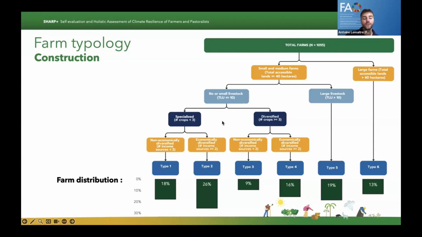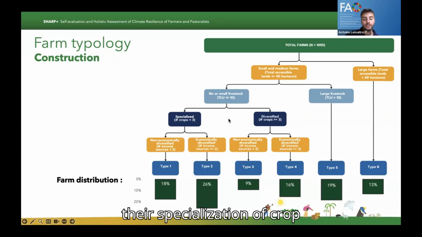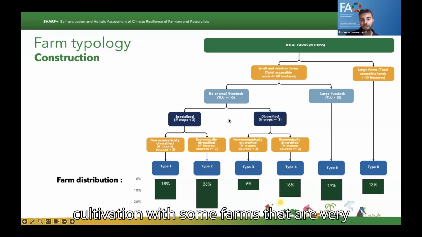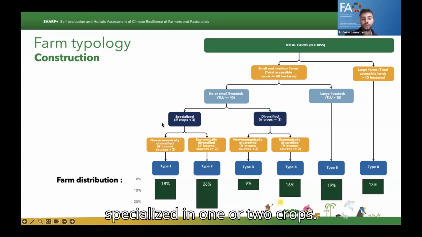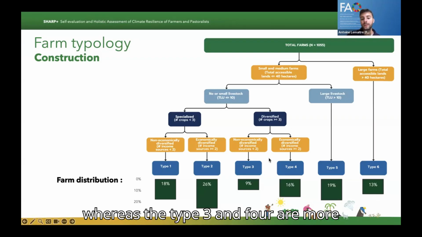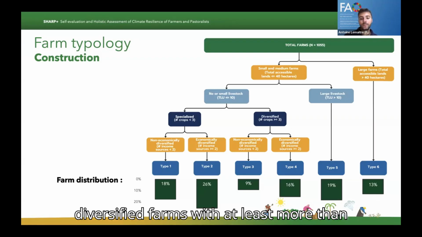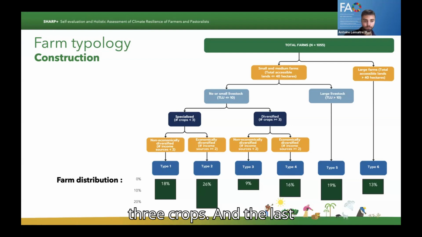And these farms can also be differentiated by looking at their specialization of crop cultivation, with some farms that are very specialized in 1 or 2 crops. So they are the type 1 and 2, whereas the type 3 and 4 are more diversified farms with at least more than 3 crops.